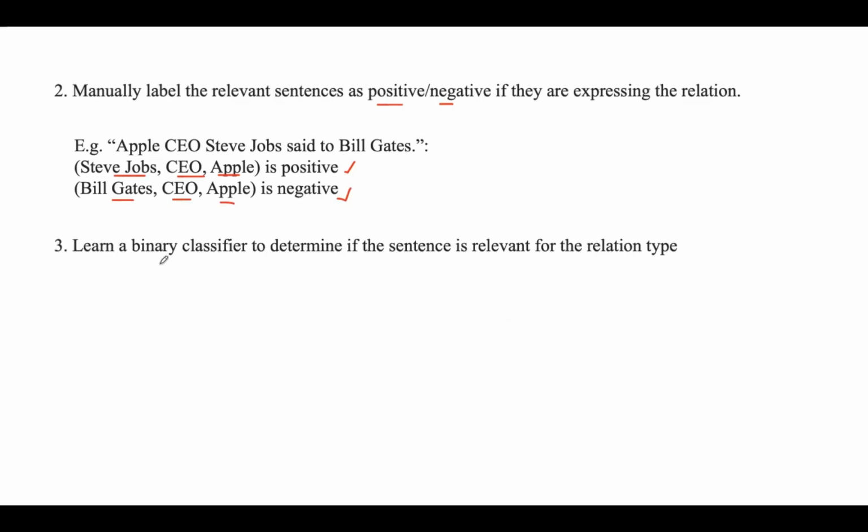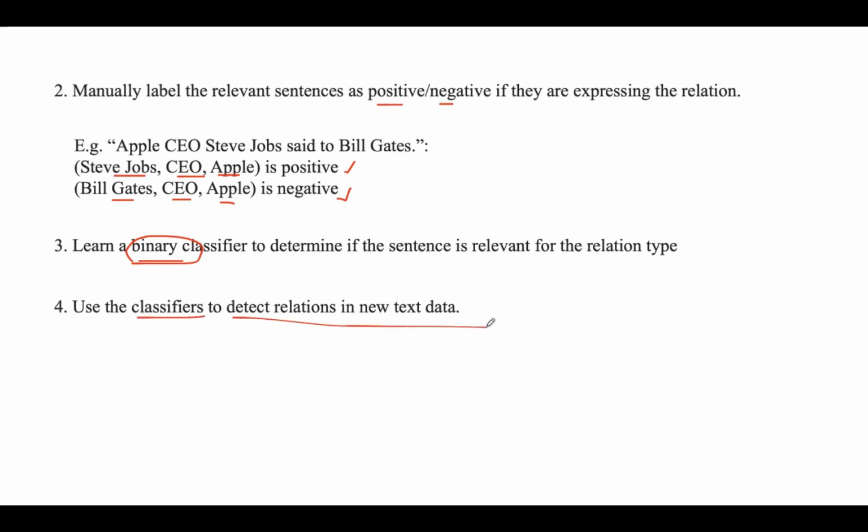Then you can use the binary classifier to determine if a sentence is relevant for a relationship type or not. So in order to check the relevance of sentences for a type of relation, we can use a binary classifier. After training the model, you can use the classifier to detect relations in new text data.